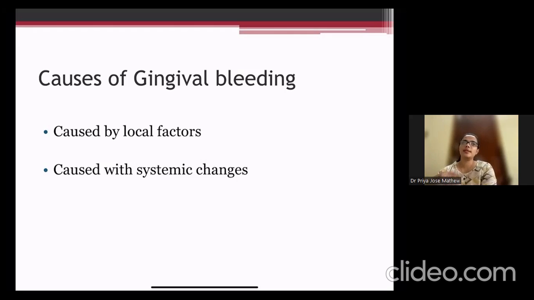Okay, there are definitely the other changes, that is the pregnancy tumor like that, but gingival bleeding is also more there. That is mainly due to the hormonal changes. So these hormones have also a role in the gingival bleeding. Also, if the patient is having any hormonal imbalance, again the patient can have gingival bleeding.